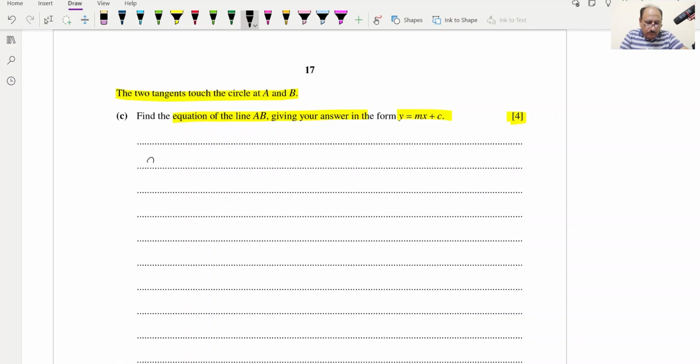And the gradient for CT will be what? We have coordinates. C is 8 and 4, and T is minus 6 and 6. And we will be finding the gradient, y2 minus y1 over x2 minus x1.